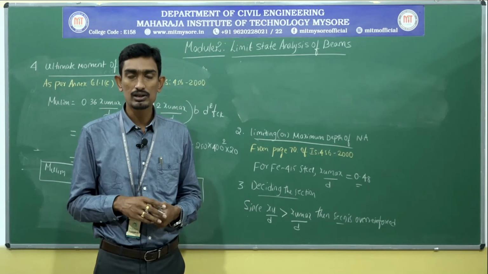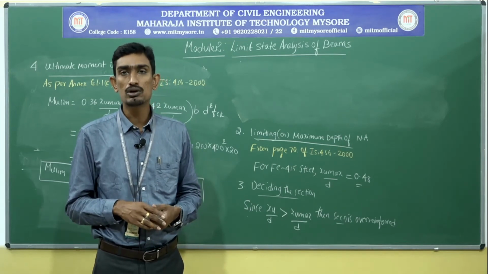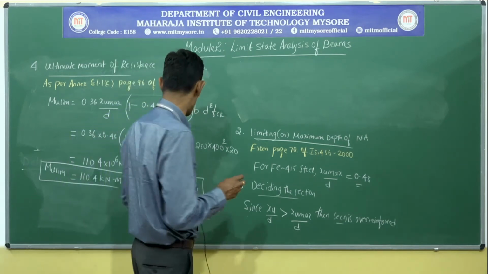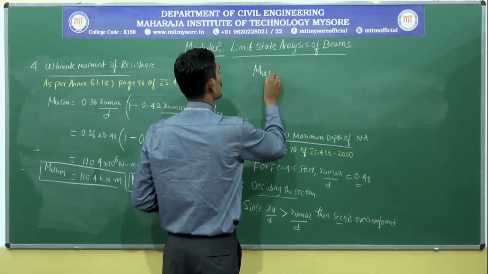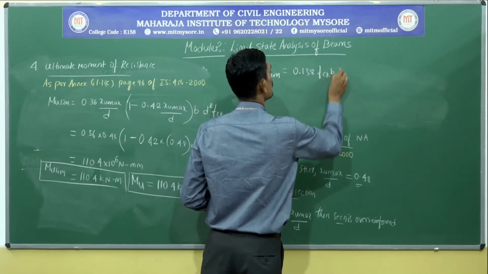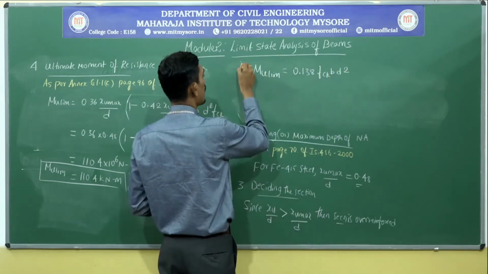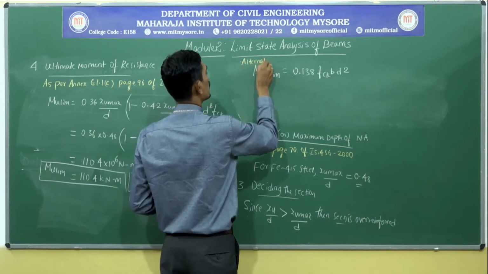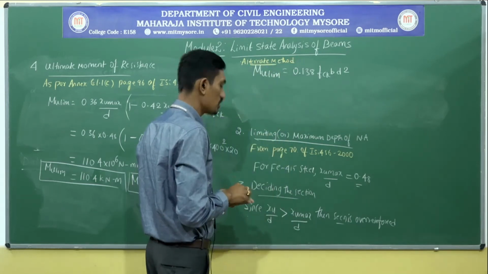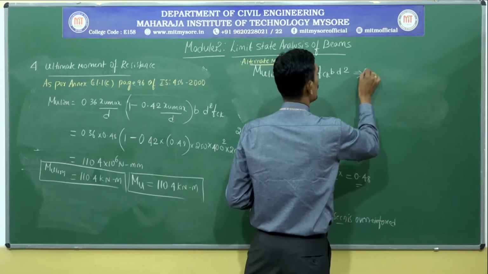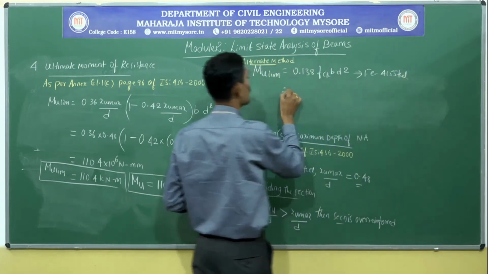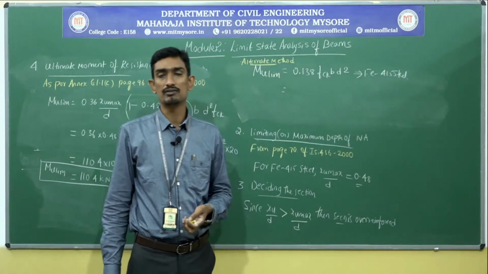Then for Fe415 steel, Mu lim is equal to 0.138 FCK B D square. So using this formula I can calculate once again. This is one more formula, an alternate method to calculate Mu lim. This formula holds good for Fe415 steel; for Fe250 it will be different, and for Fe500 it will be different.